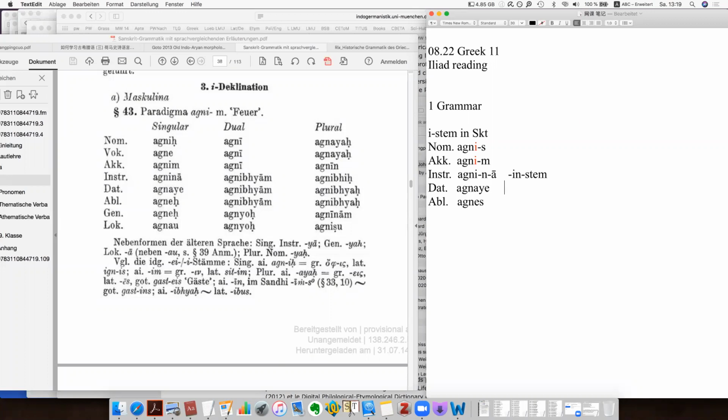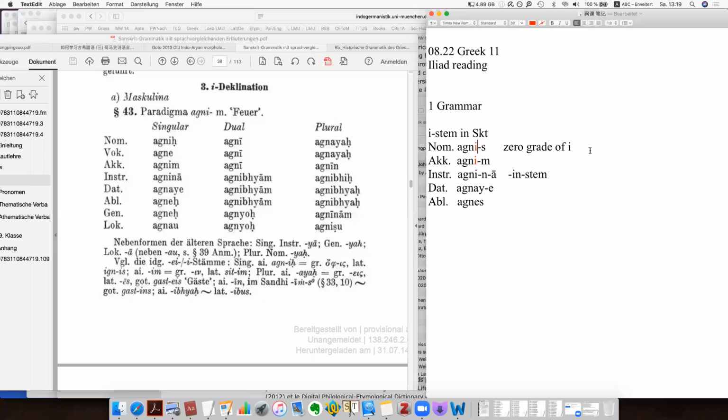And for this one, it's not that apparent, not that transparent, but it can also be called an i-stem. But take a look. So they are all i-stem, but this is the zero grade, right?